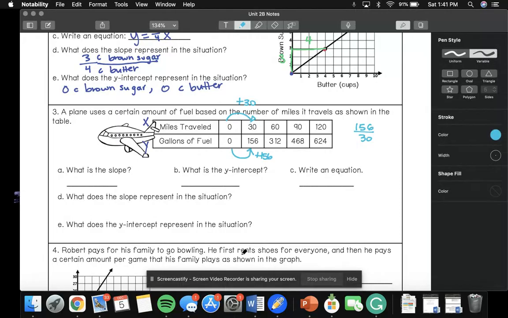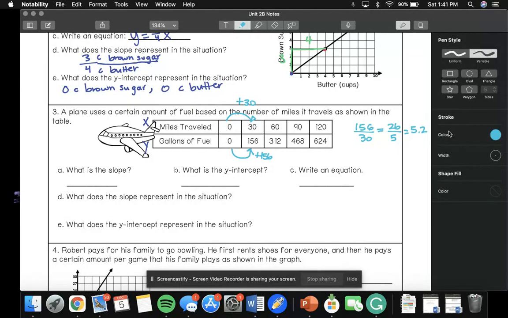And then I'm going to grab my calculator so it will simplify it for me. So I'm going to do 156 ABC 30, and I get 5.2. Then I'm going to hit second PRB to get 5 1/5. And then I'm going to hit second ABC, and it will convert it to 26 over 5 for me. You could also keep it as 5.2 because, again, it is a word problem.